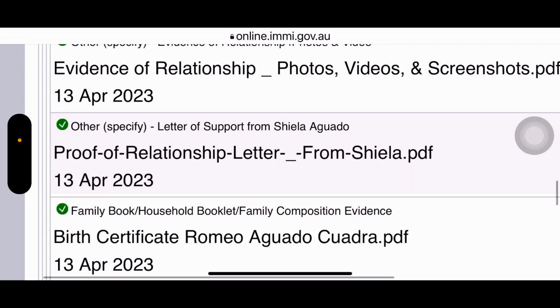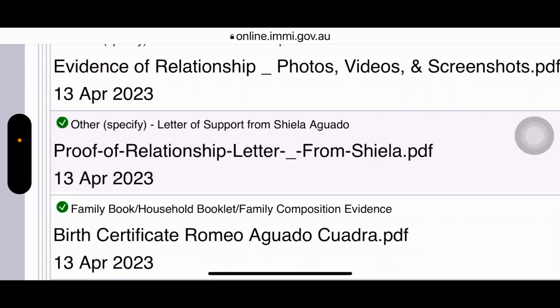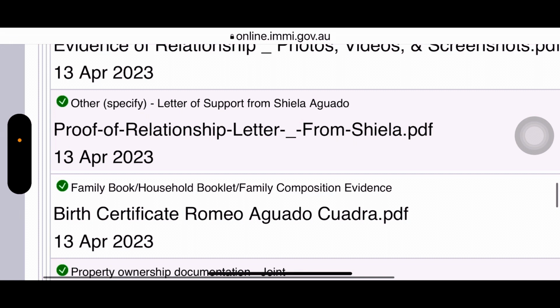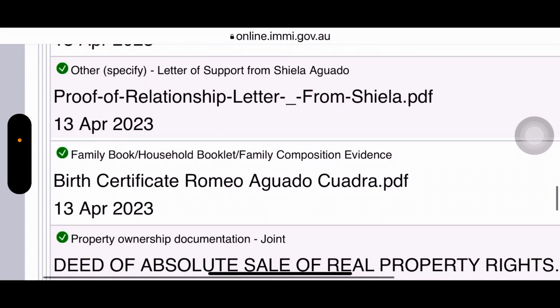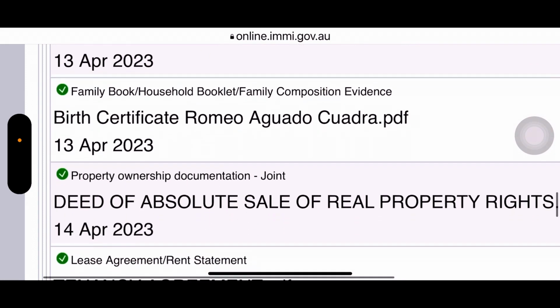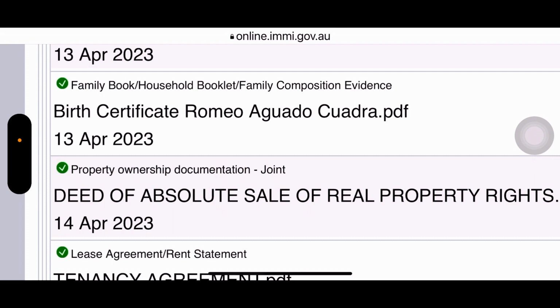And then proof of relationship letter. This is a letter from me stating how our relationship started, and just documentation telling the immigration that our relationship is genuine. And then birth certificate of our son. It's considered under family composition evidence because it shows the name of the father and mother and their child.